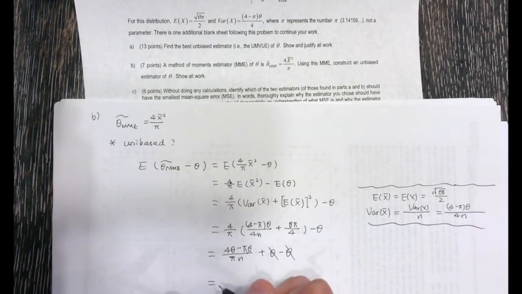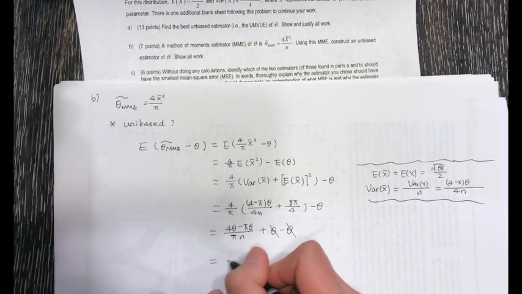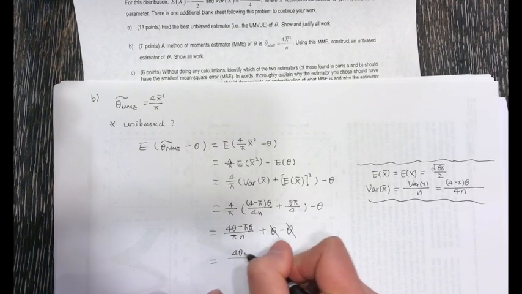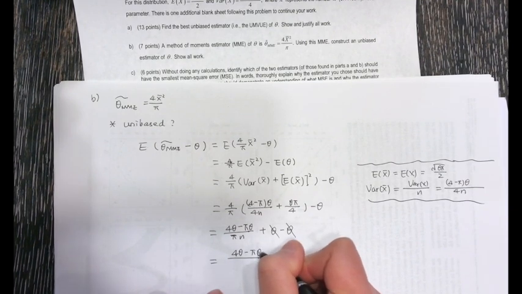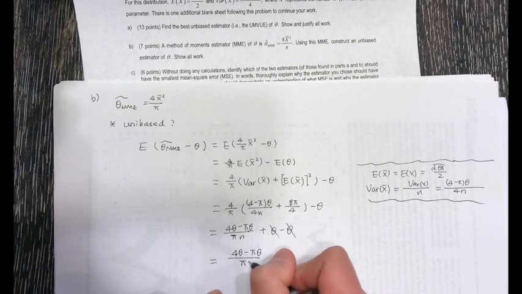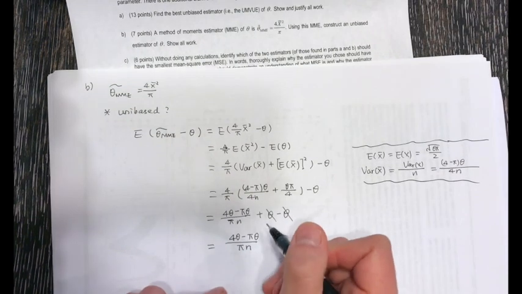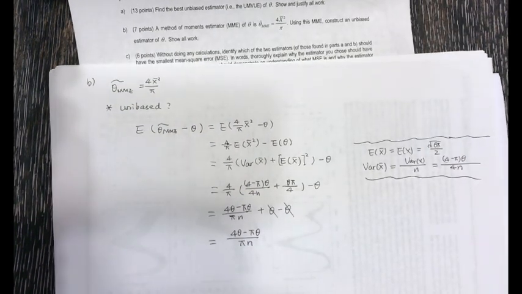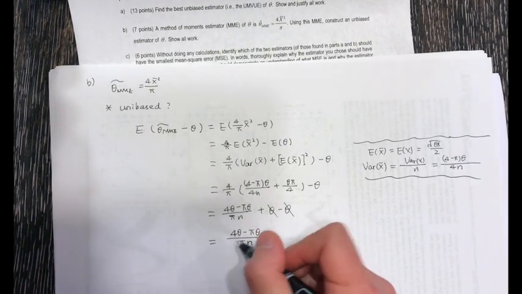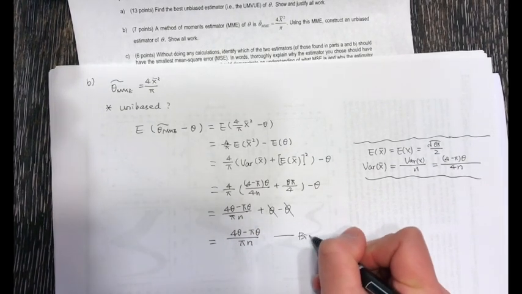Theta cancelled. We will be left with (4 theta minus pi theta) divided by pi n. Okay, so unfortunately, the MME is not an unbiased estimator. It is biased, and this is the bias.